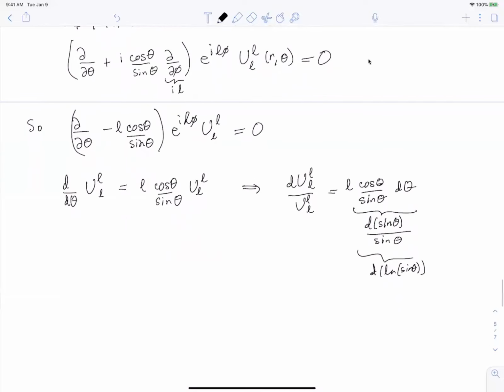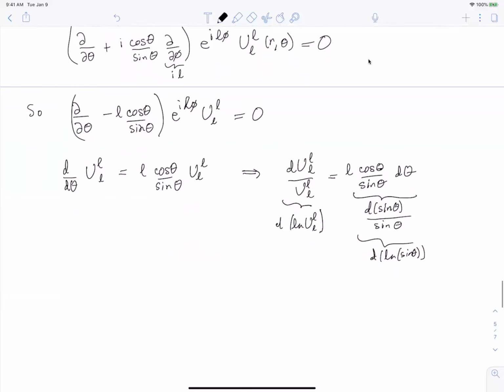And the left-hand side is the differential of the logarithm of u_LL. So now we can exponentiate both sides, or integrate both sides.